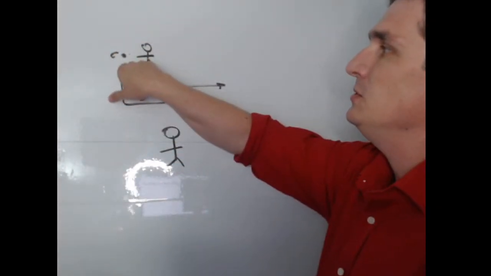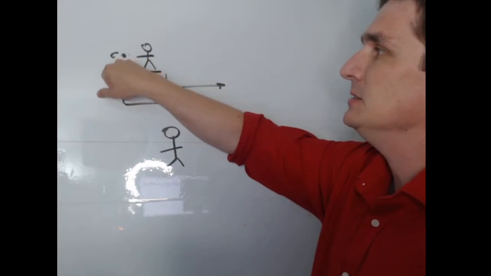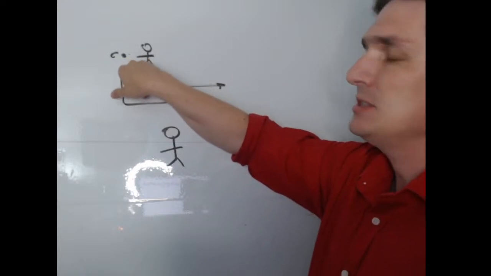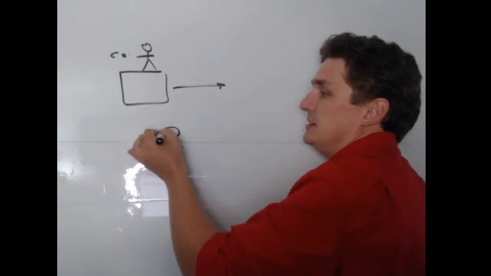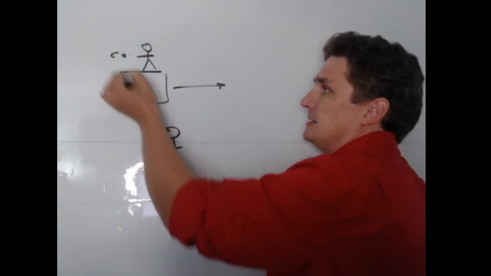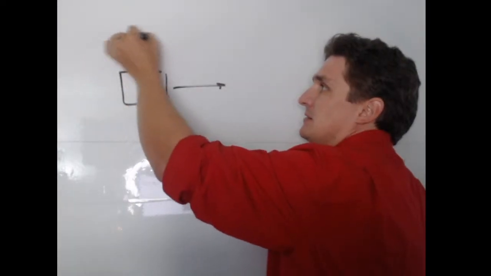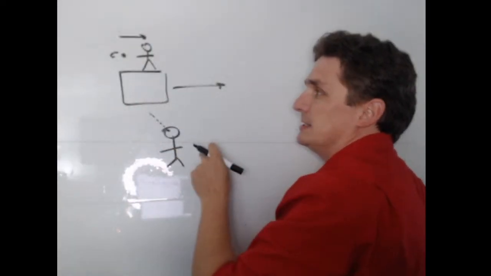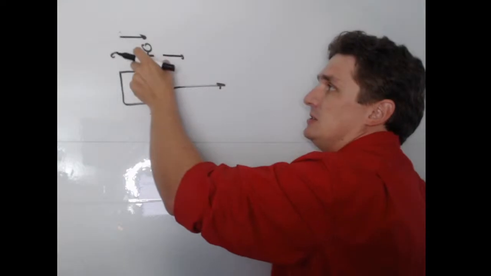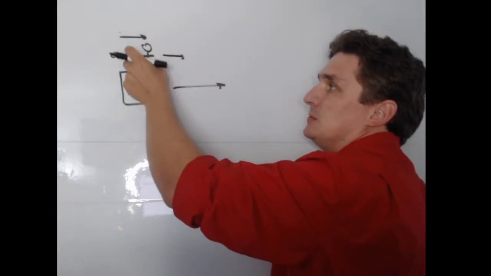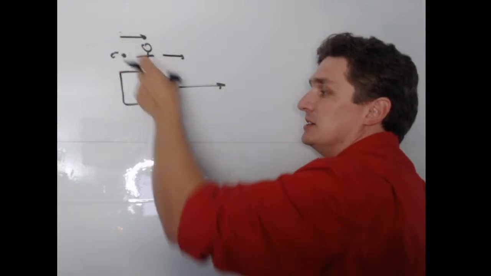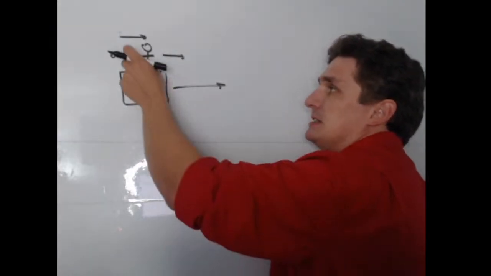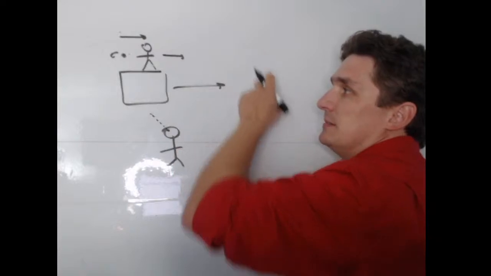So from their point of view, this does not see a magnetic field change because their distance to each other hasn't been affected. But as this block moves, this observer sees a magnetic field because the electron itself is moving with regard to its stationary standpoint. So these two don't observe a magnetic field relative to each other because they're both moving at the same speed in the same direction. So the electron seems stationary. But this observer definitely sees a magnetic field because the electron is moving.